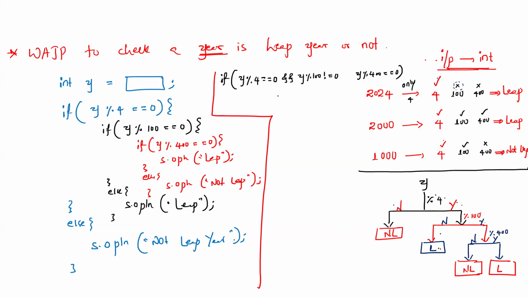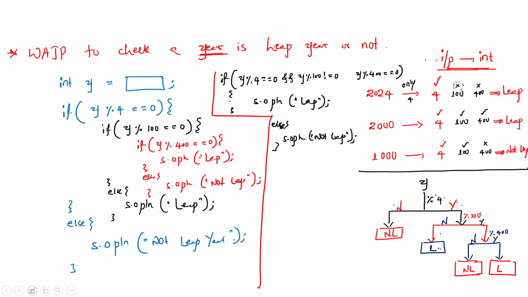This is the condition. Then we can conclude it's a leap year. It's a leap year. Then the alternate for this if is else: print not leap year.